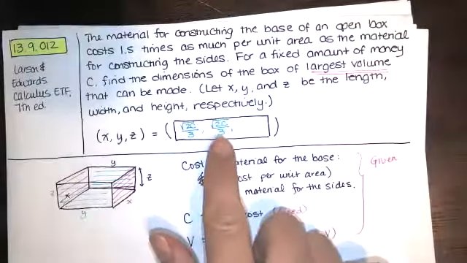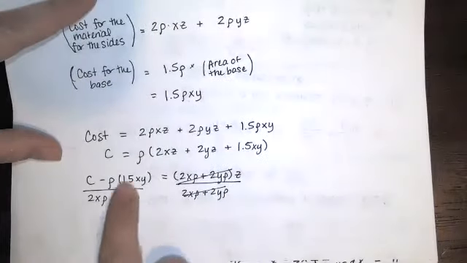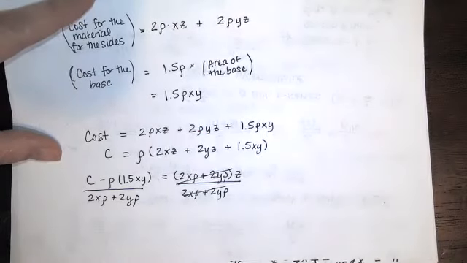I don't remember where that went, but that's okay. X will have this value and Y will have this value, and to find the corresponding Z value, you can just replace X and Y down here into this formula where rho is equal to 1.